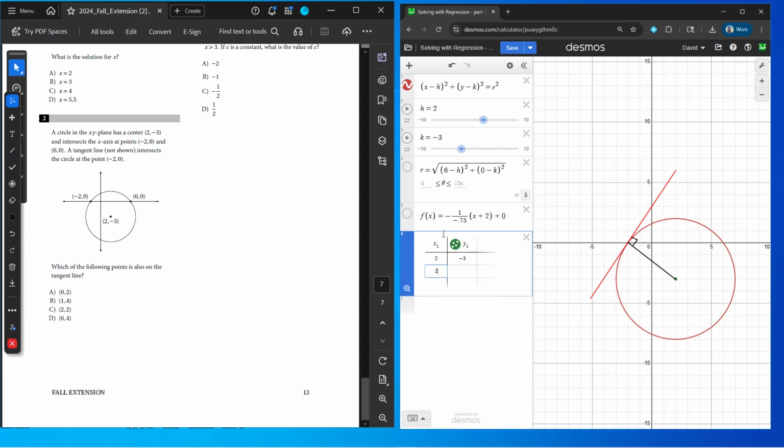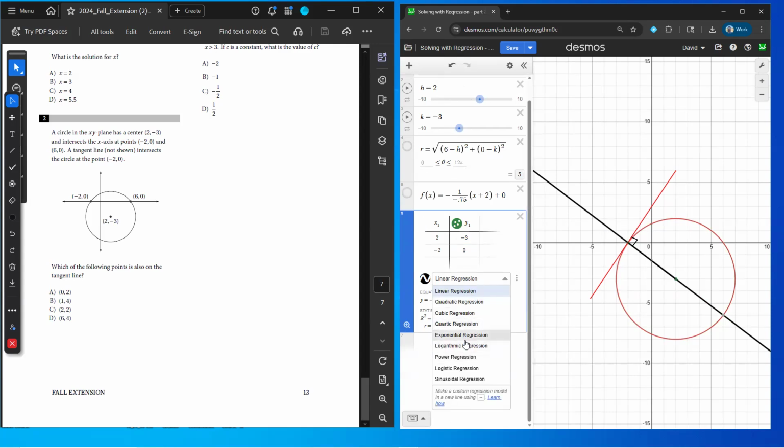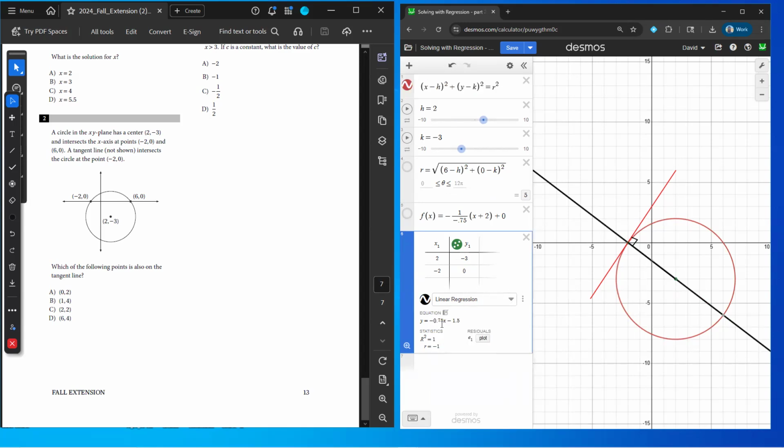So -2, comma 0. All right. Now, Desmos has built-in regression curves. So we want linear because it's a line, but you could also do quadratic, exponential. Those are probably the two major ones that you'd be using. Okay, and now we have the equation. We can even copy it down if we want to as well.